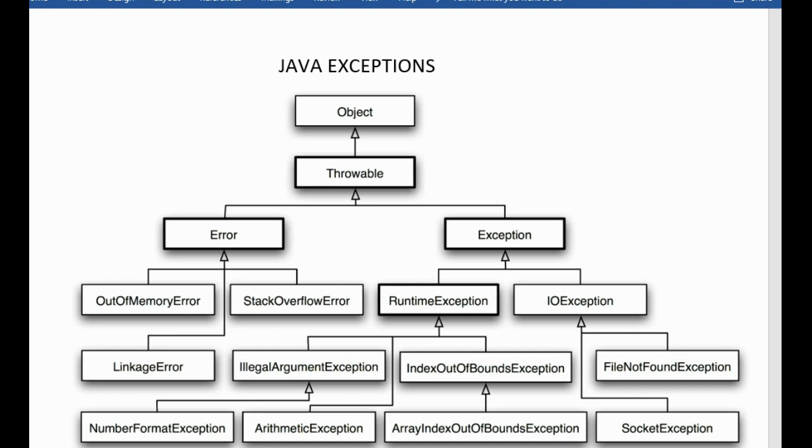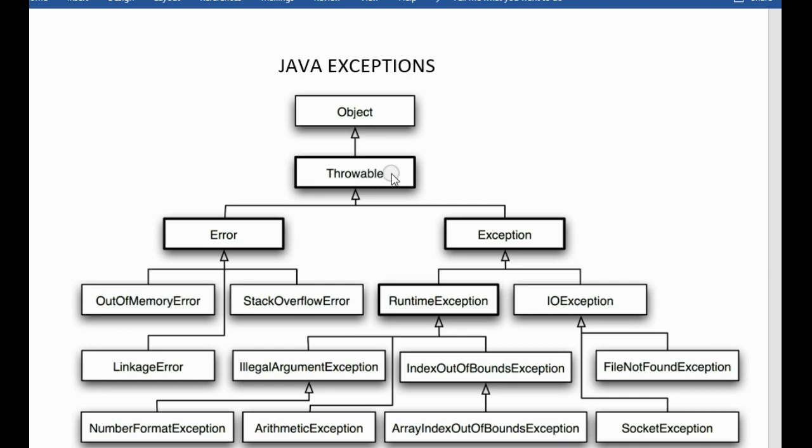We see here in front of us a hierarchy tree starting at the very top. Now remember, all things in Java extend from the object class, and when we talk about exceptions, we're talking about the throwable class. Throwable extends object. As I say, everything in Java extends object for our purposes.